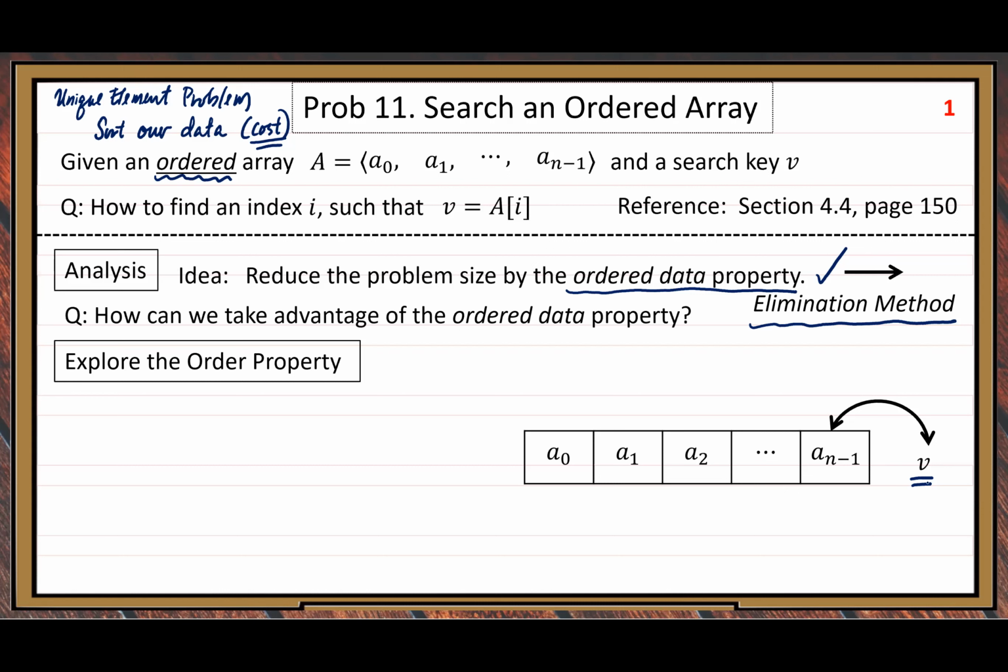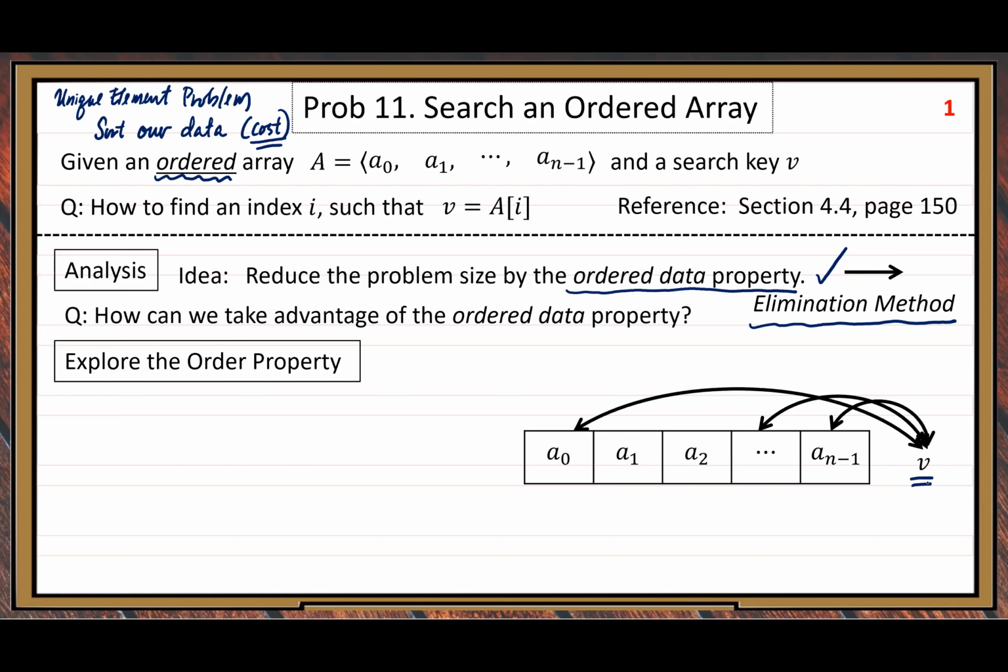V is compared with the last element, or with some element in the middle, or with the first element. For all these cases, we want to see which one is the best. Which one can give us the best result? So that's something we like to have.